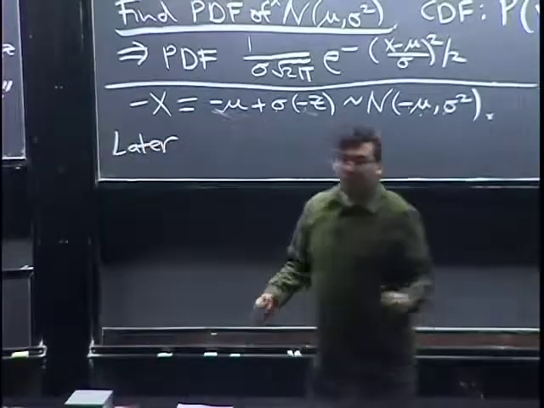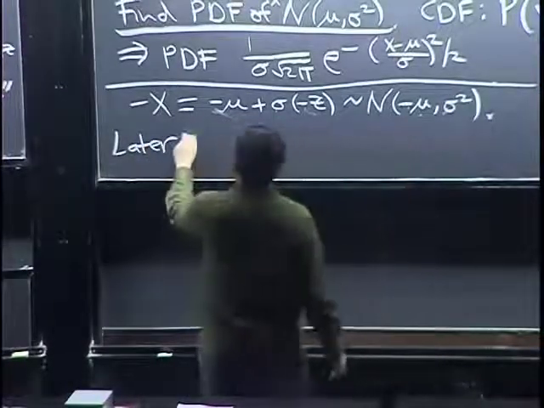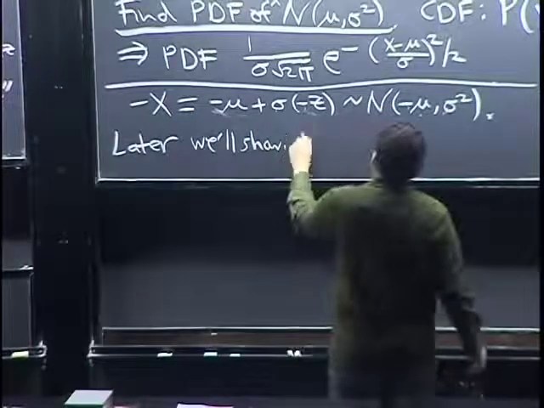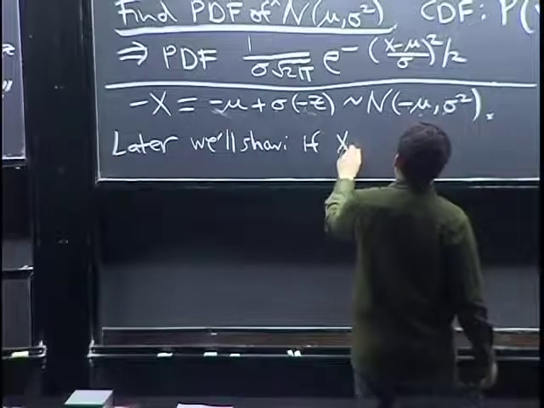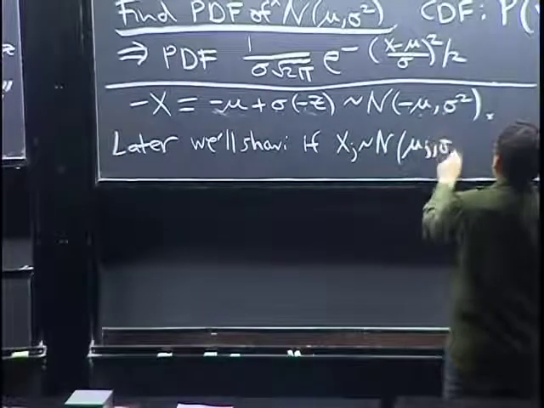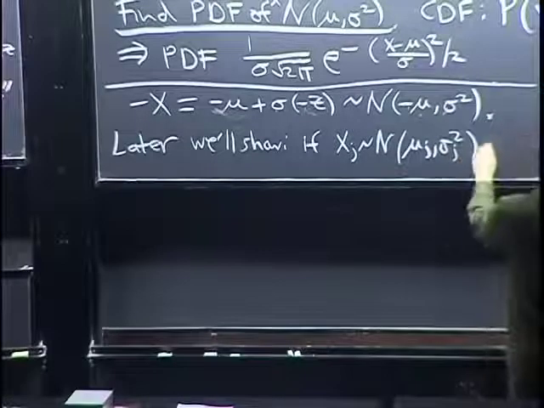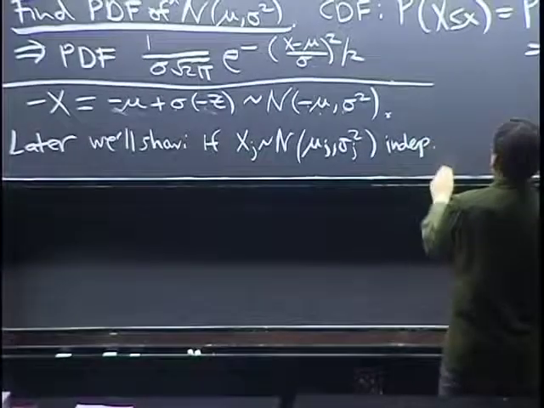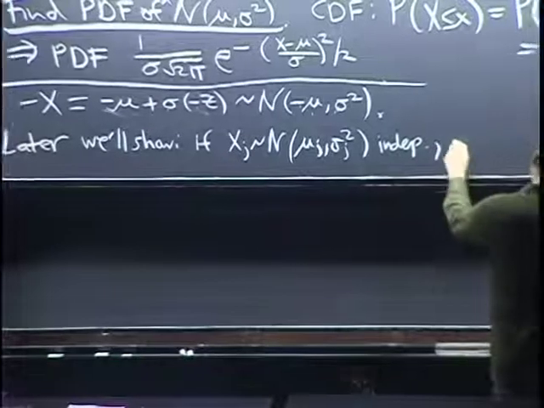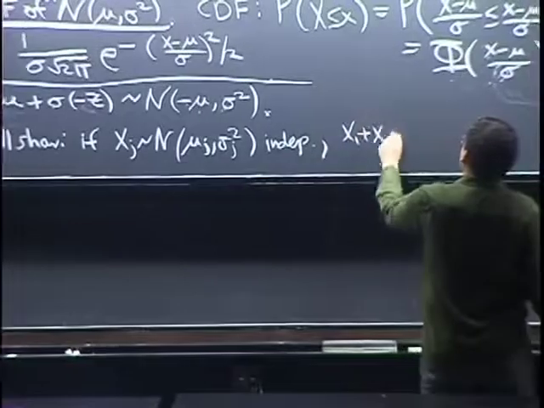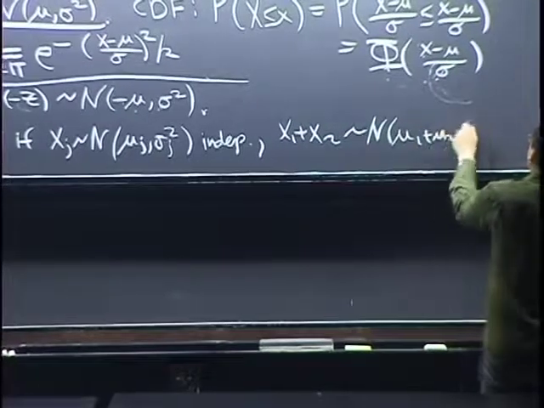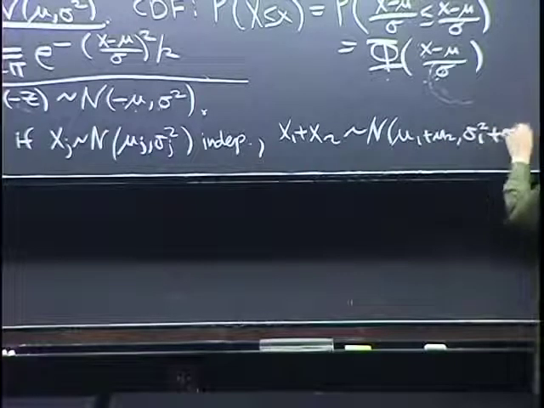And a useful fact, just to know, but we'll prove this much later in the course. Later we'll show that if xj is normal mu j, sigma j squared, and they're independent, for j equals 1 to 2, then x1 plus x2 is normal mu1 plus mu2, sigma 1 squared plus sigma 2 squared.